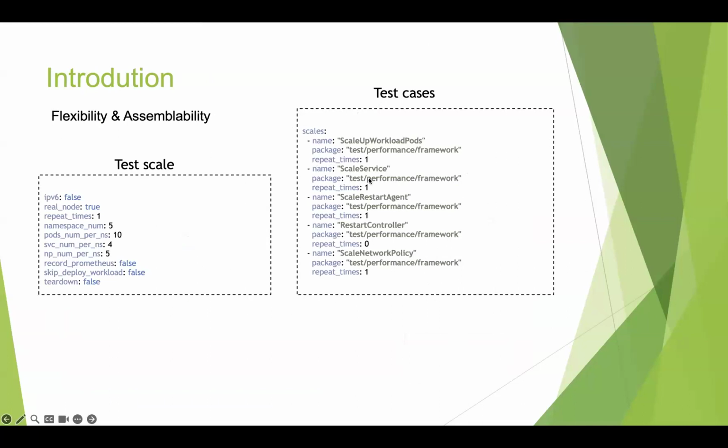We can also see the YAML file. If we use this test tool with different CNIs such as Calico or Cilium, we just set the scale with the agent and controller repeat times to 0.